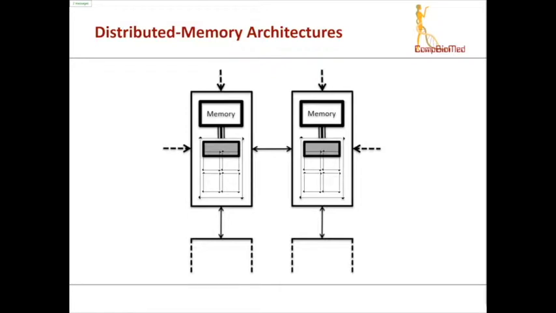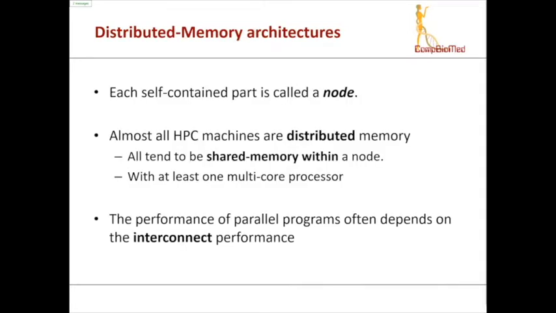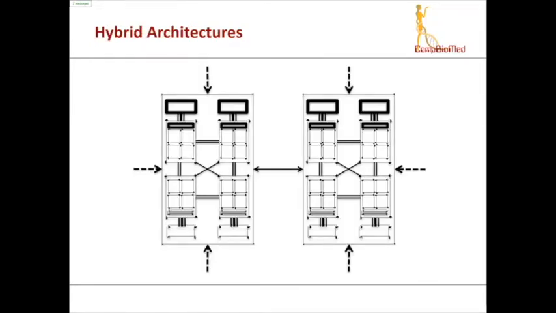You have to do that over what we call the network. So each self-contained part is called a node. Almost all HPC machines are distributed memory, but some of them tend to have shared memory within a node, and they'll have at least one multi-core processor per node. But as I keep saying, the performance of parallel programs often depends on the interconnect, which is another word for the network between each node. And so this really is a very common architecture.